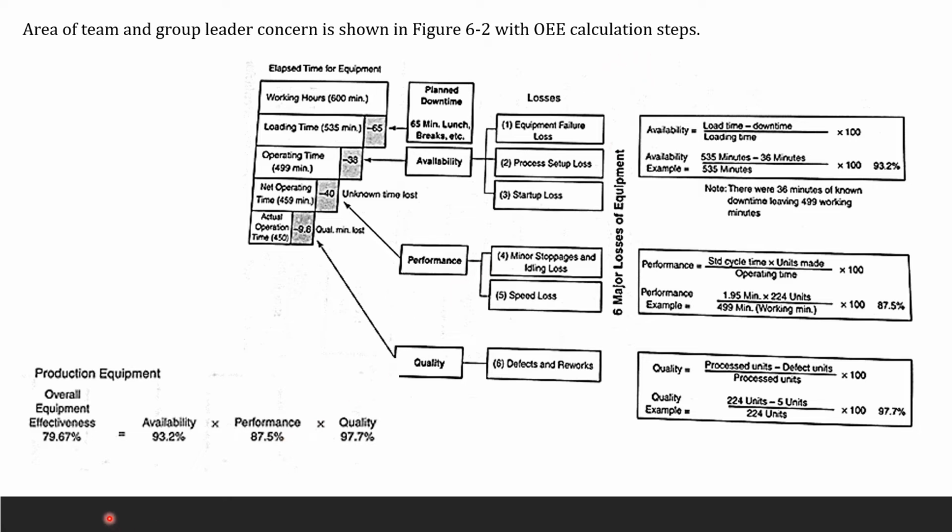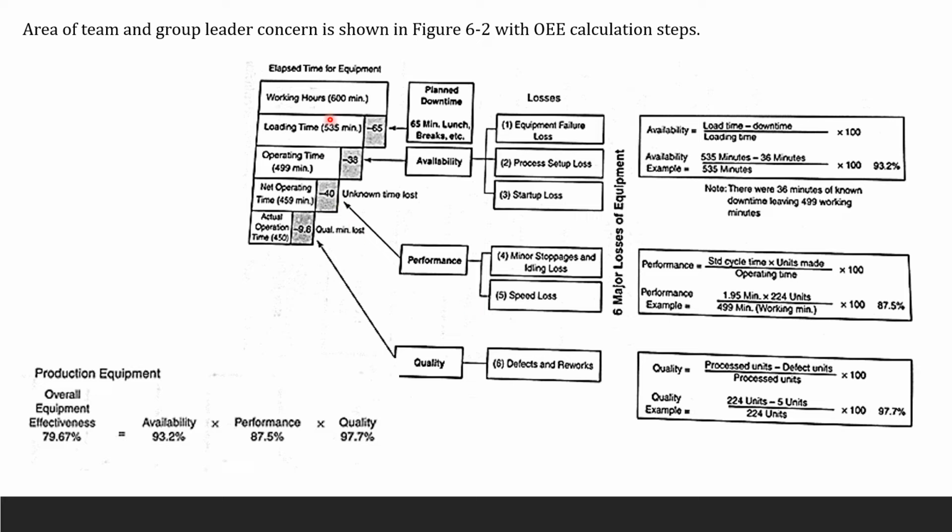Here, for overall equipment effectiveness we get 79.67 in this example, because your availability is calculated to be 93.2, performance is 87.5, and quality is 97.7. So we get about 80% overall.